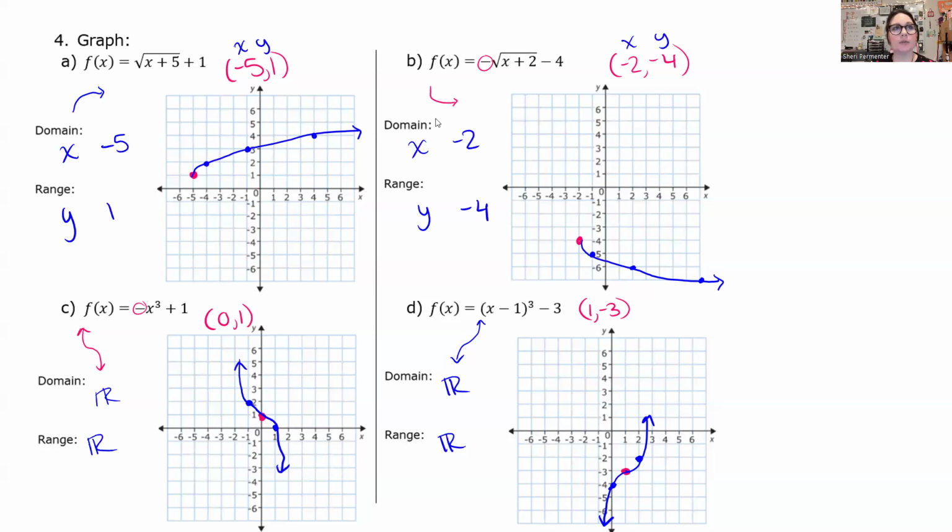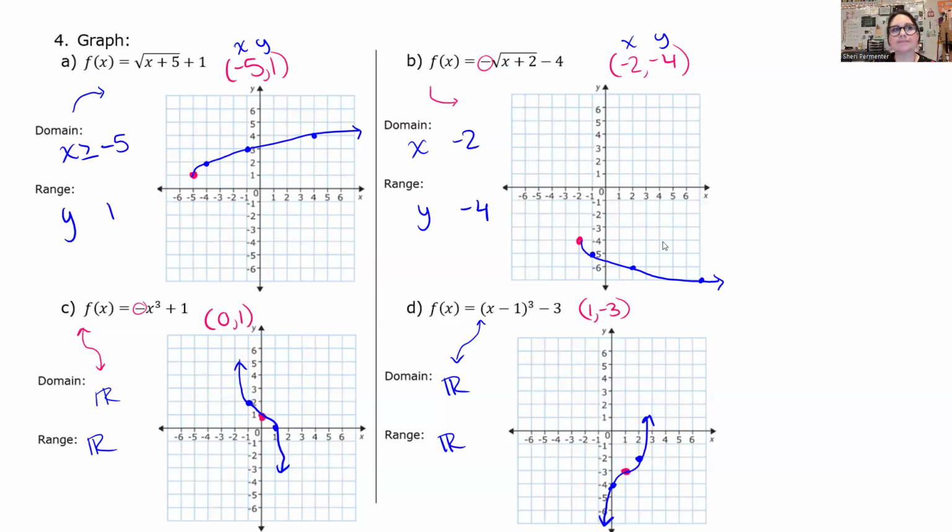So the domain and range for a square root is going to depend on your starting point. For my domain, if this is my start, my graph is greater than that. It's on the right side, so it's greater than or equal to your x value. Or it's greater than or equal to your start. Same thing here.